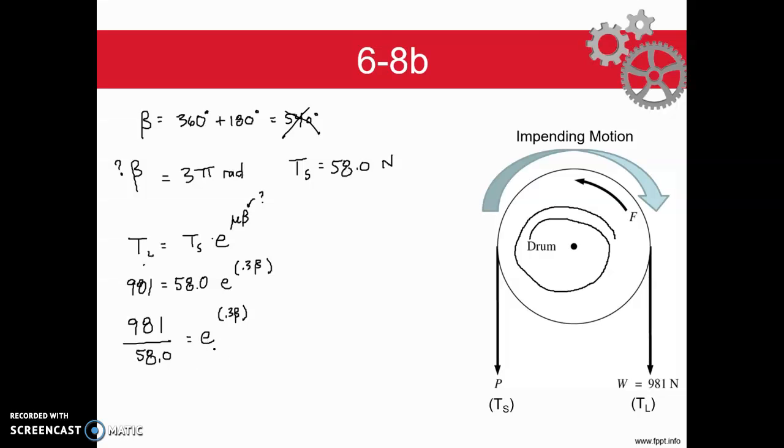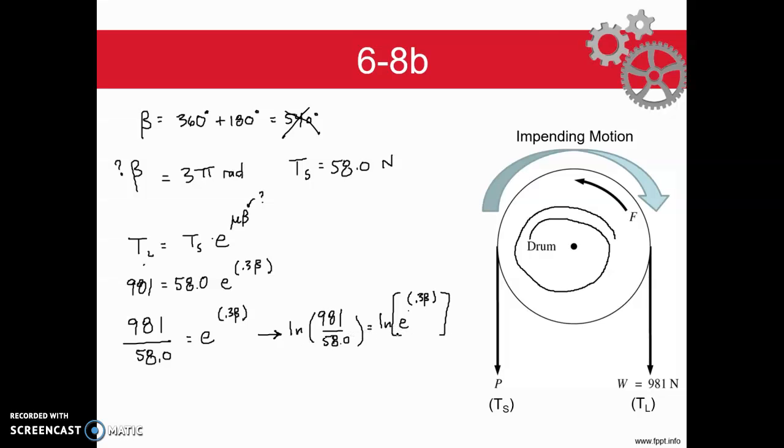And so what you end up doing is you take the natural log of both sides of the equation. ln of 981 over 58 equals the natural log of e to the power of 0.3 beta. So I'm just taking the natural log of both sides of the equation.